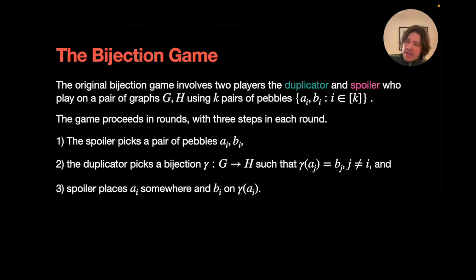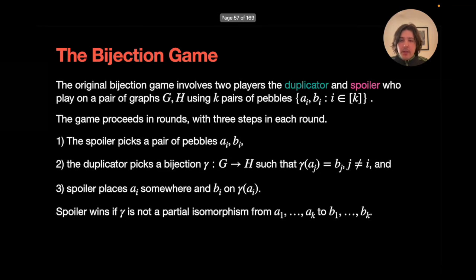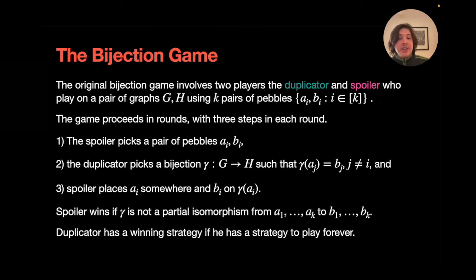And the spoiler then places the pebble that he picked up: he places the a_i pebble anywhere on G, and he places the b_i pebble on the corresponding vertex in H. The spoiler wins if gamma fails to be a partial isomorphism between the pebbled sequences. And we say the duplicator has a winning strategy if he has a way of playing forever.